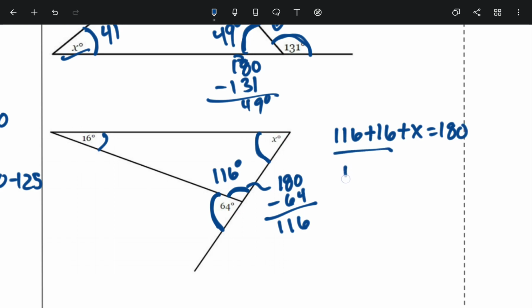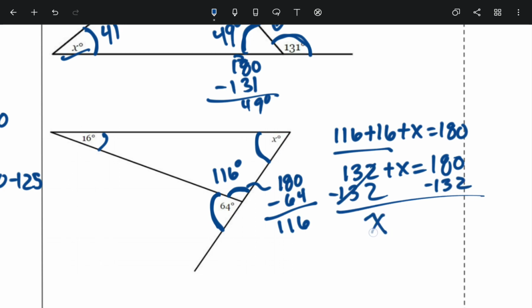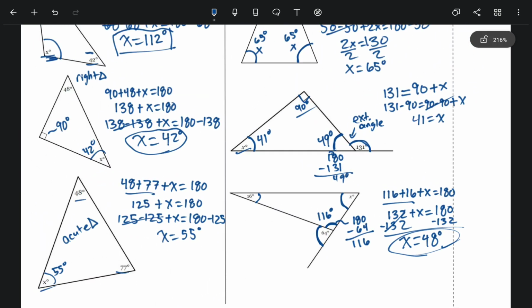Add these two together to get 132 plus x equals 180. Subtract 132 from both sides, and we get x equals 48 degrees. And you are done. Okay? So again, both methods will work for when you have an exterior angle.